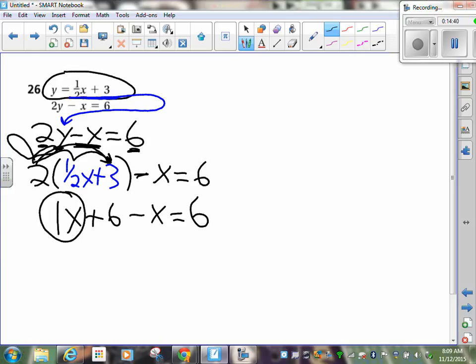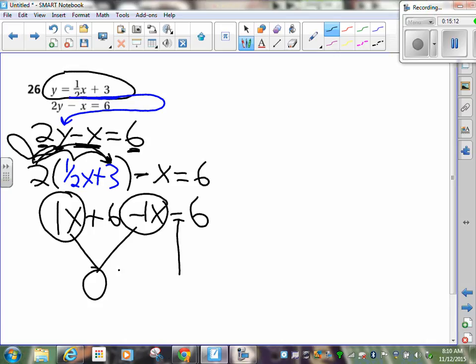But let's double check. Circle, circle, wall. And the keyword that you guys just said was combine. Show me combine on the board. Yes, combine them. We have 1x and an invisible negative 1. What happens with those two circles? You put them together. You get 0. 1 minus 1 is 0.